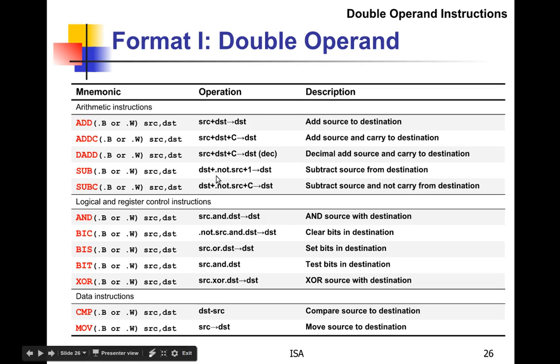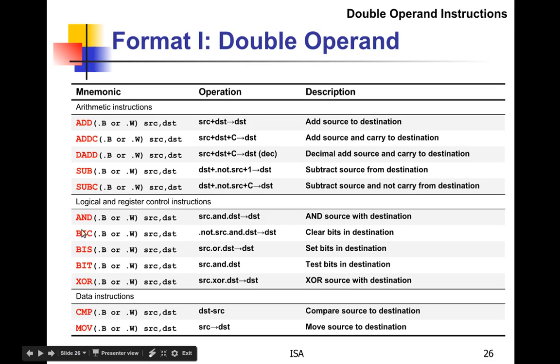It subtracts the source from the destination and puts that in the destination. And then you have subtract with carry, and it subtracts the source and not carry from the destination.